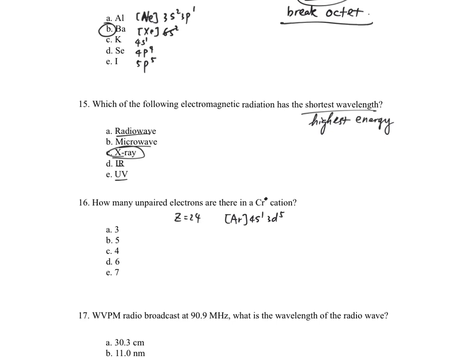With 4s1 and 3d5, your electron configuration in those last 2 highest energy orbitals are like this. Count it, 6 unpaired electrons.